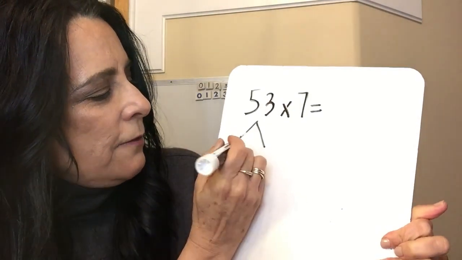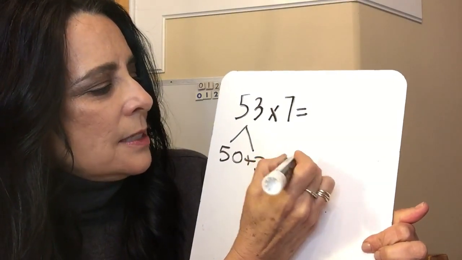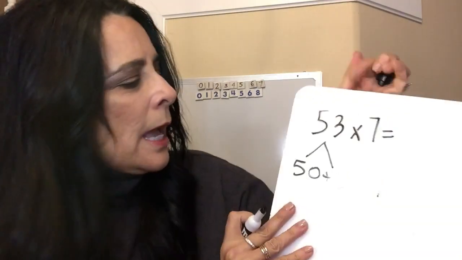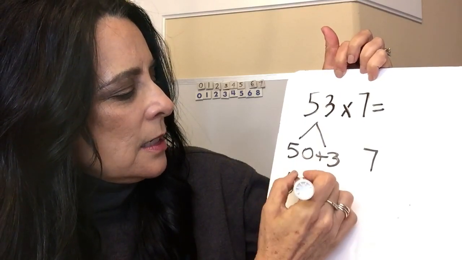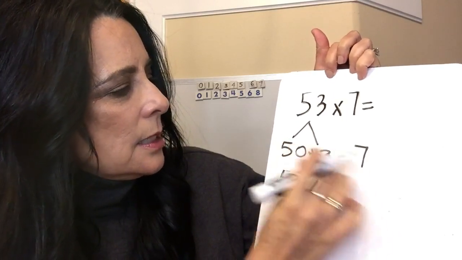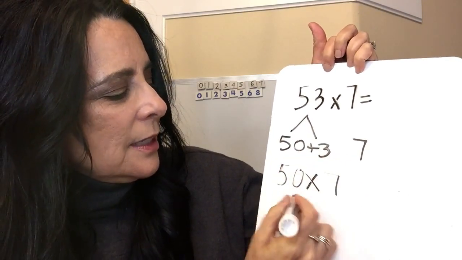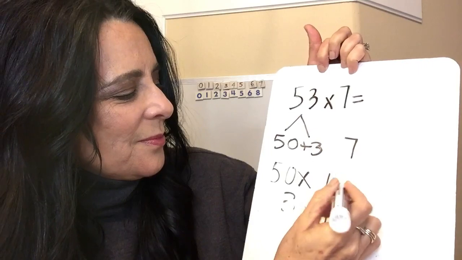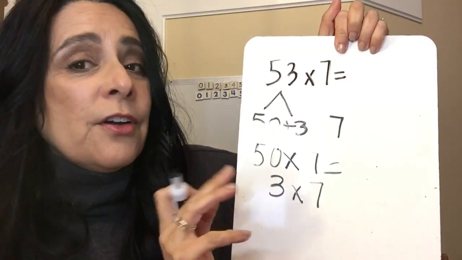This is really 50 plus 3 times 7. And then we are going to do 50 times 7. Then we're going to do 3 times 7. And here's the one area of error that they ran into.